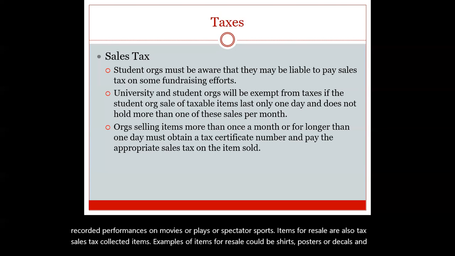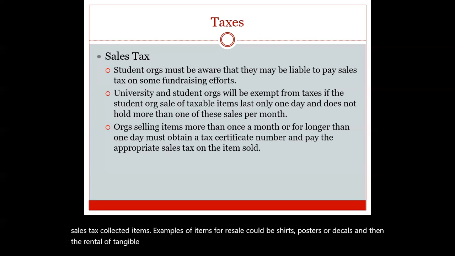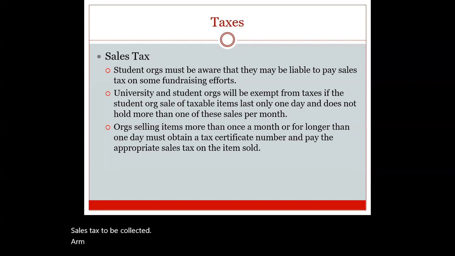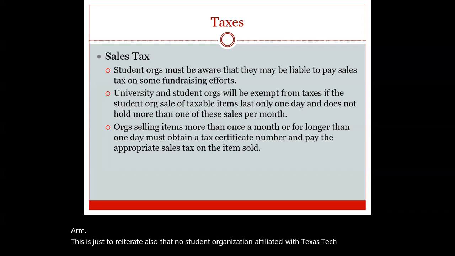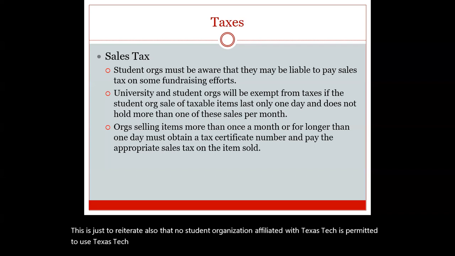And the rental of tangible personal property is also subject to sales tax collection. This is just to reiterate also that no student organization affiliated with Texas Tech is permitted to use Texas Tech University's tax exempt information.